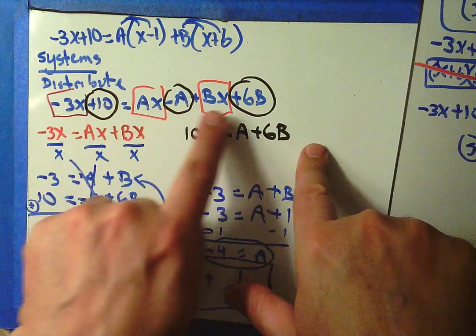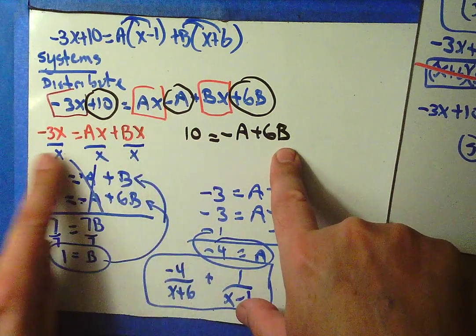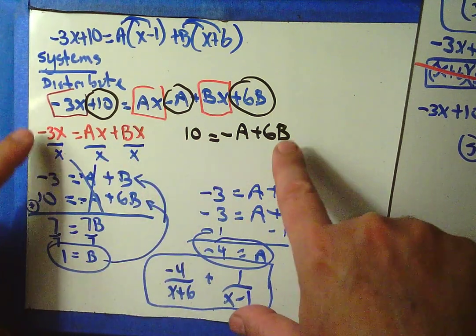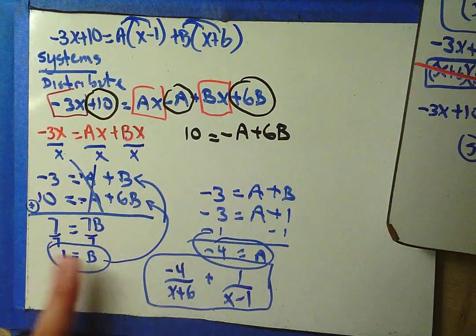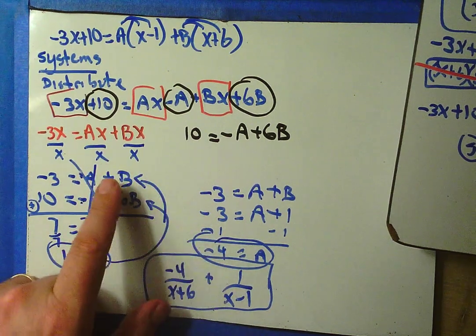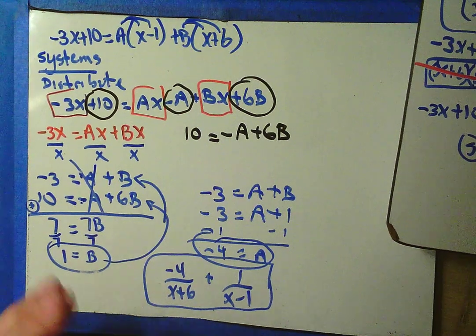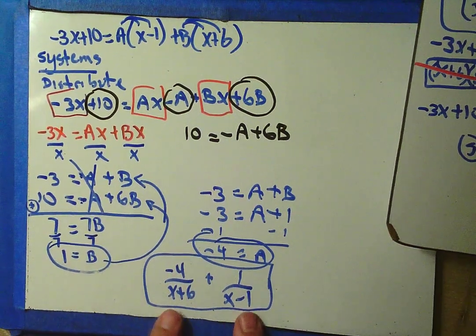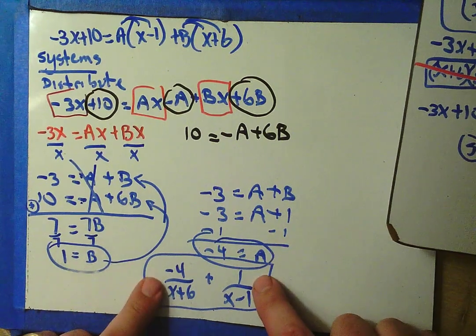And we gathered all the stuff that didn't have an x into another equation. We divided over here to get rid of the x's, and then we took those two equations together. We eliminated a variable, and we plugged that value back into either equation to solve for our other variable. That's systems. Works fine. Don't forget at the end, you're not done when you found a and b. You actually have to plug the a and b back into your original.